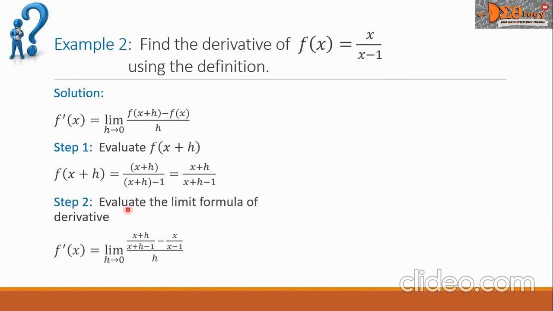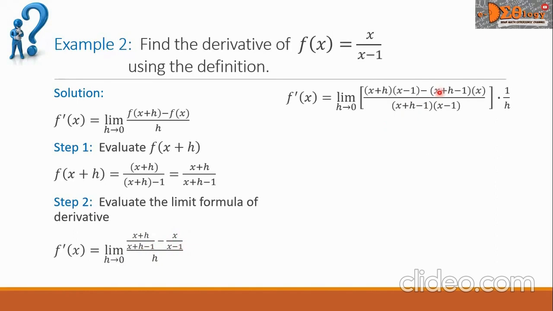We can see that we have a complex fraction here. Let us simplify our numerator by multiplying this fraction first diagonally down here, and then minus this denominator we multiply by our numerator of the second fraction all over the product of the two denominators.